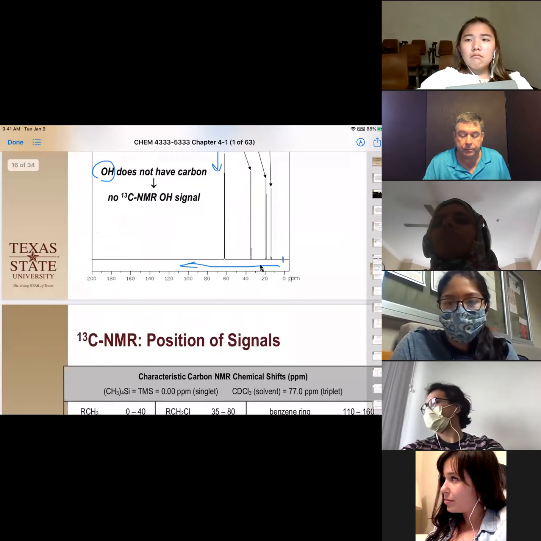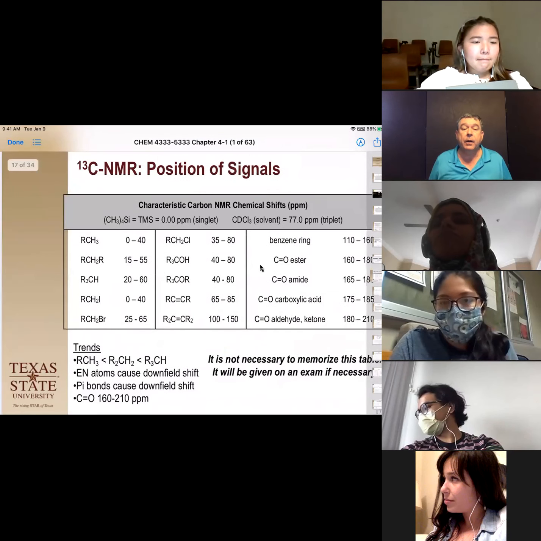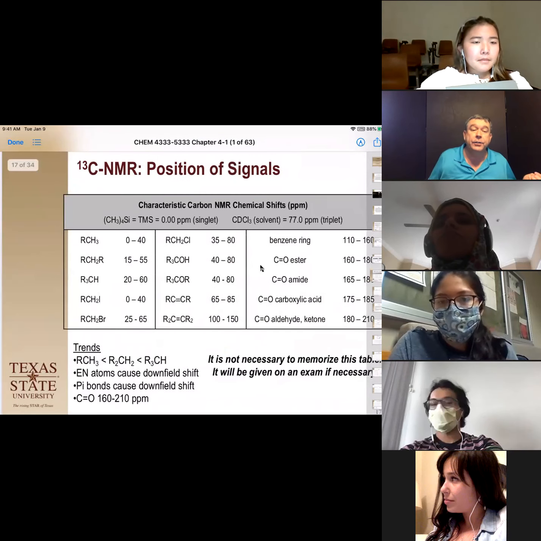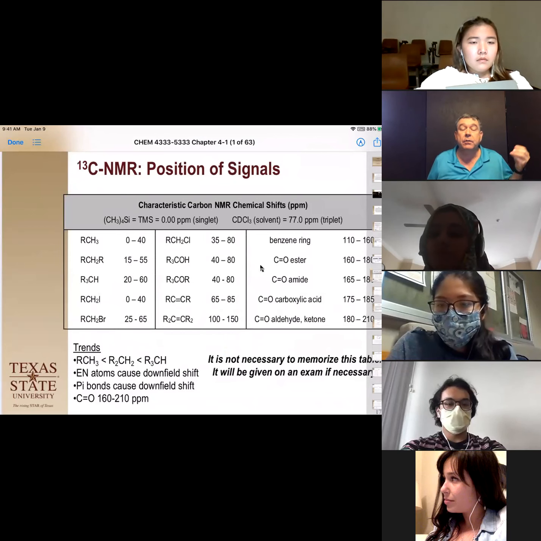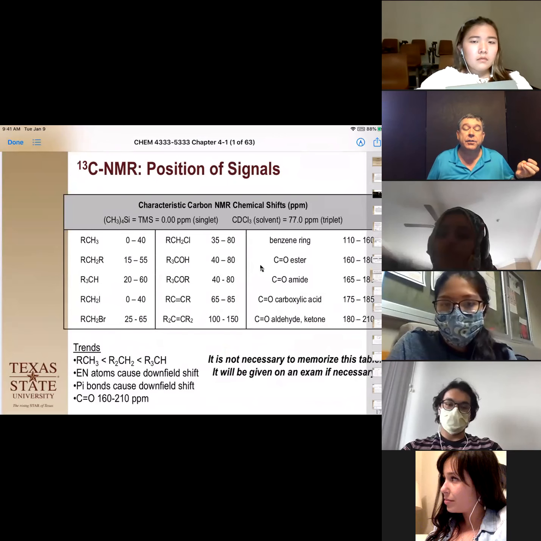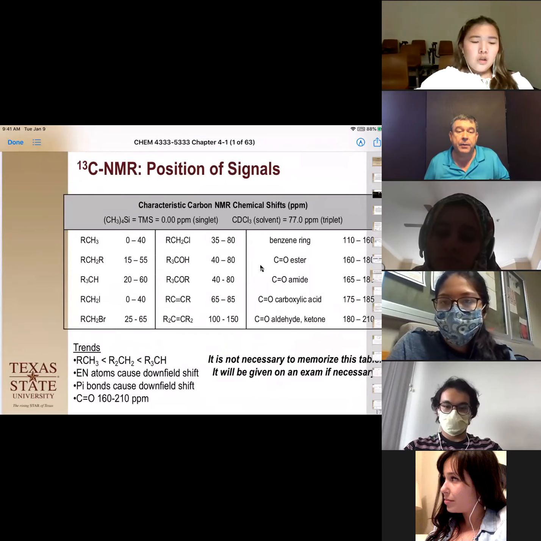Okay, so we have some nice trends, kind of like we had in proton NMR. The more hydrogens you have on it, the closer you are to 0. So the methyl groups in a long alkyl chain tend to be closest to 0. When you have a CH2 group, that's shifted up. And again, these are sp3 hybridized carbons.